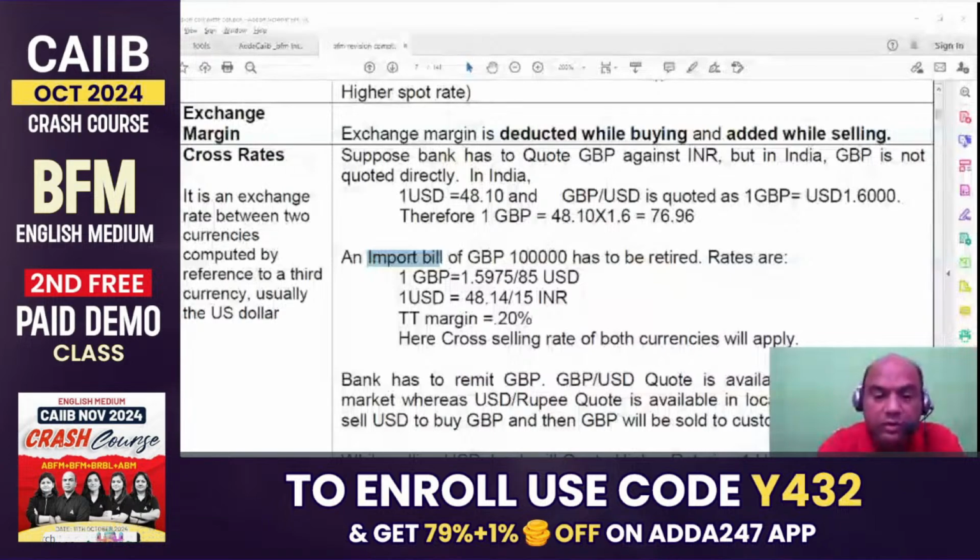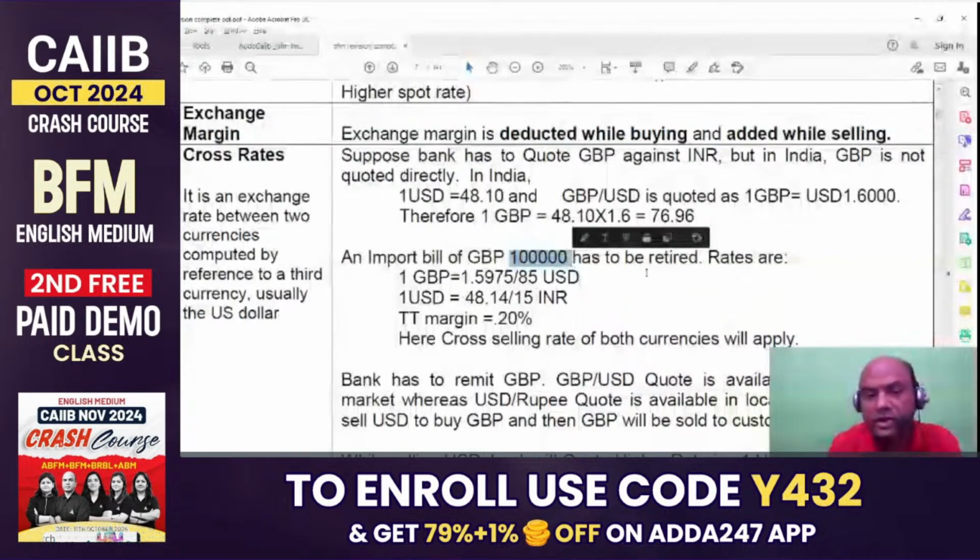So if you are doing sell in import, what will you do again? See here, we are talking of cross rates over here. So these are the two rates given to you. GBP equals to 1.597585 USD, and USD equals to 48.1415. And TT margin is given as 20%. So now, what will you do in this case? Suppose I have to do the import of, let's say, 1 lakh GBP.